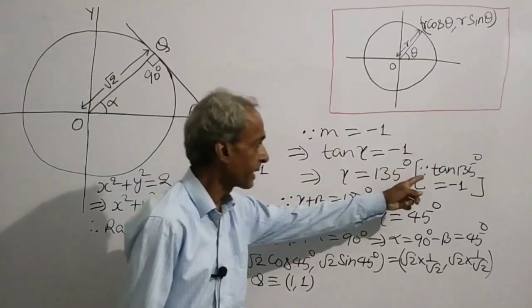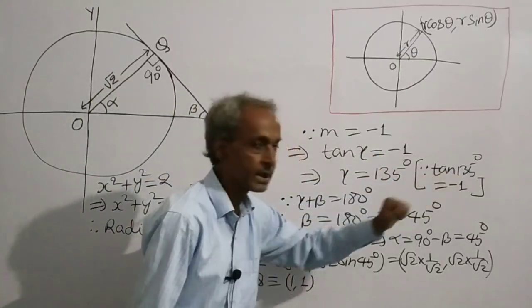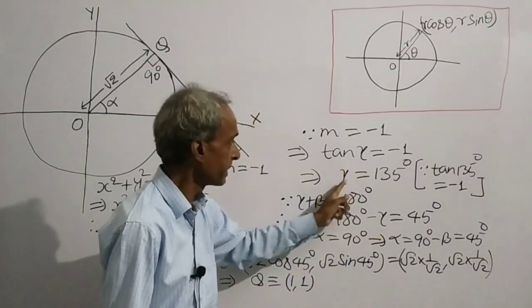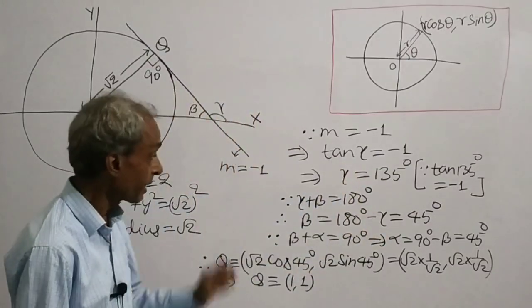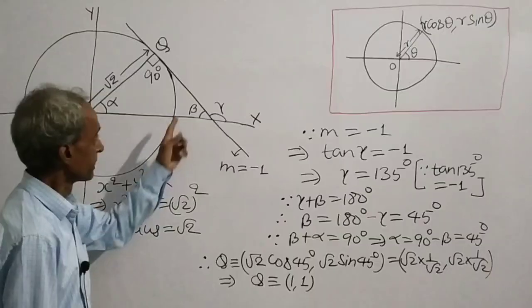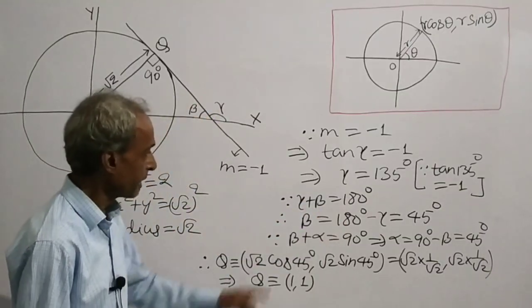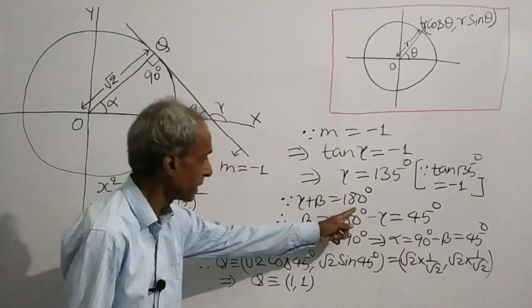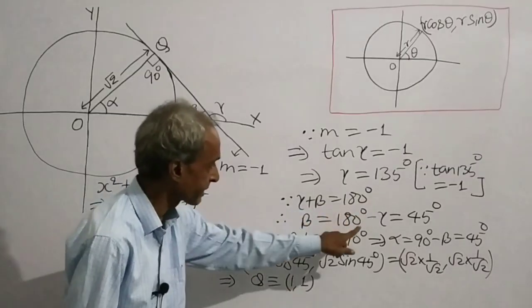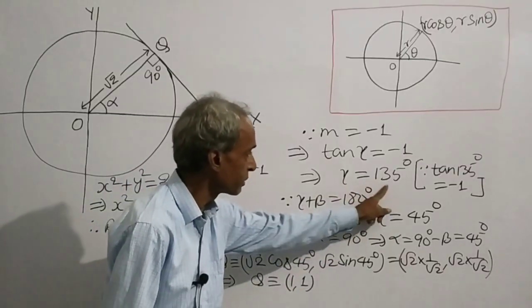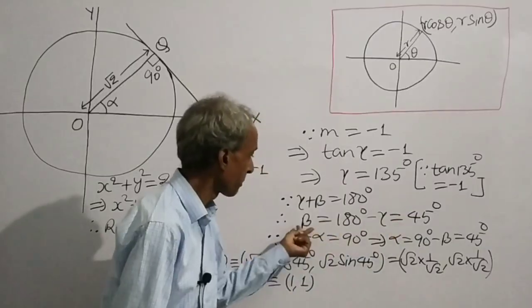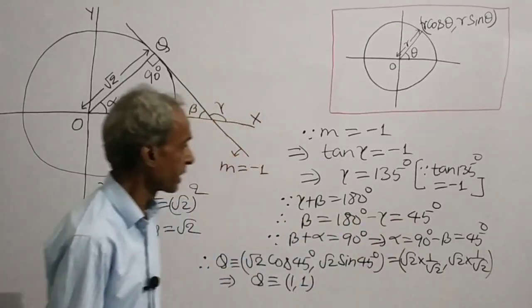But we know that tan 135 degree is -1. That means gamma is equal to 135 degree. Since beta plus gamma is equal to 180, therefore beta will be equal to 180 minus gamma, and gamma is 135. Therefore beta will be 45 degree.